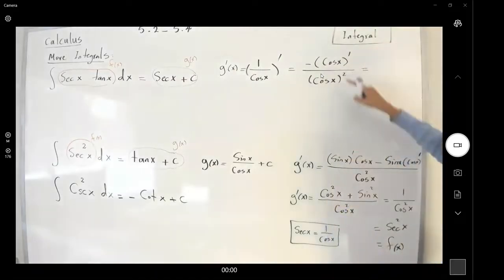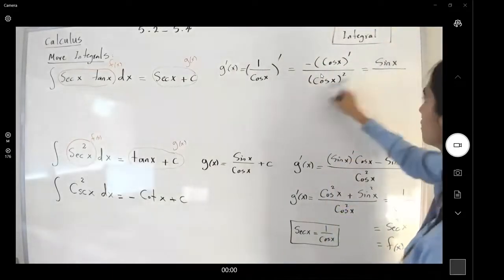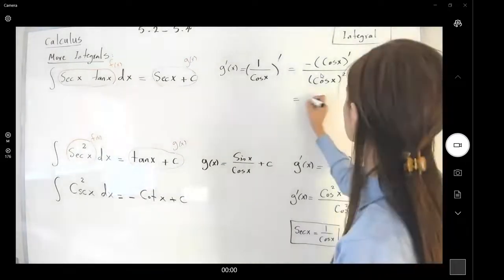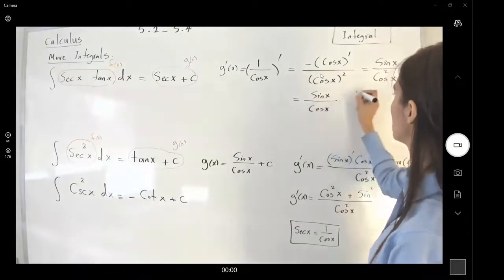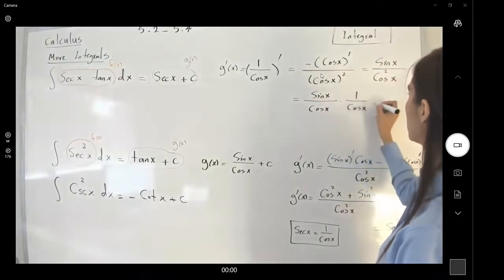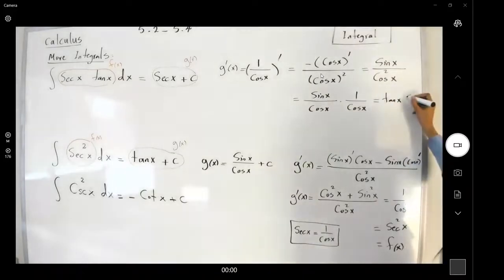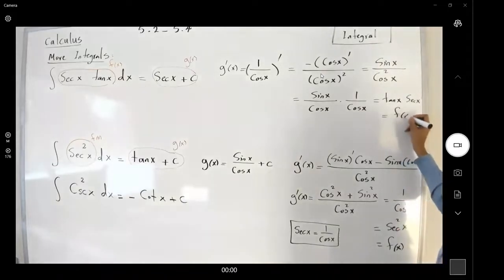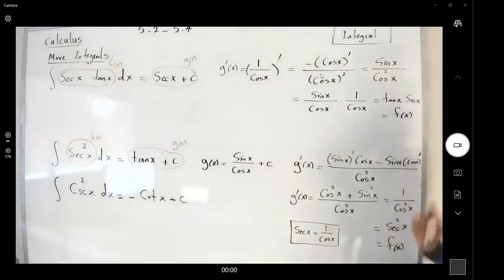This is going to be sine x divided by cosine squared of x, which is sine x divided by cosine x times 1 over cosine x. So this is just tangent of x, and this is 1 over cosine, which is secant x. This is your function f. The derivative of g is equal to f.